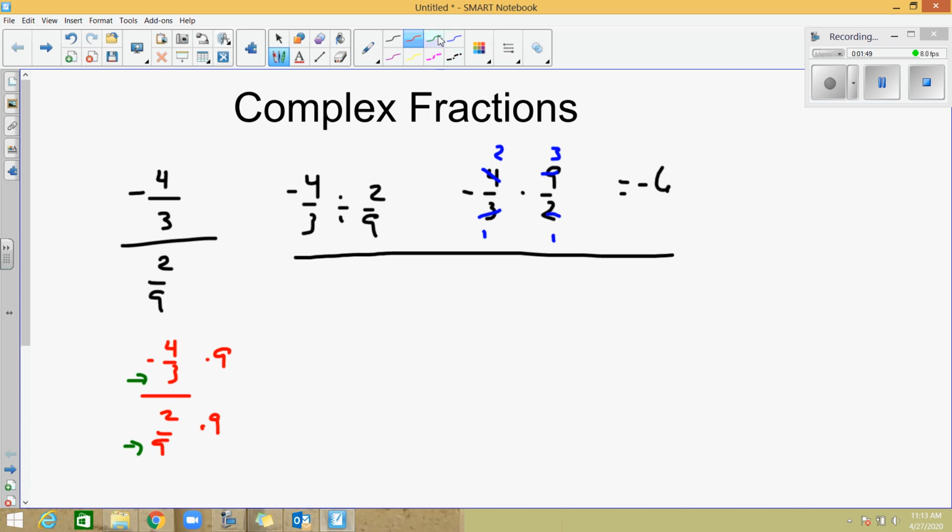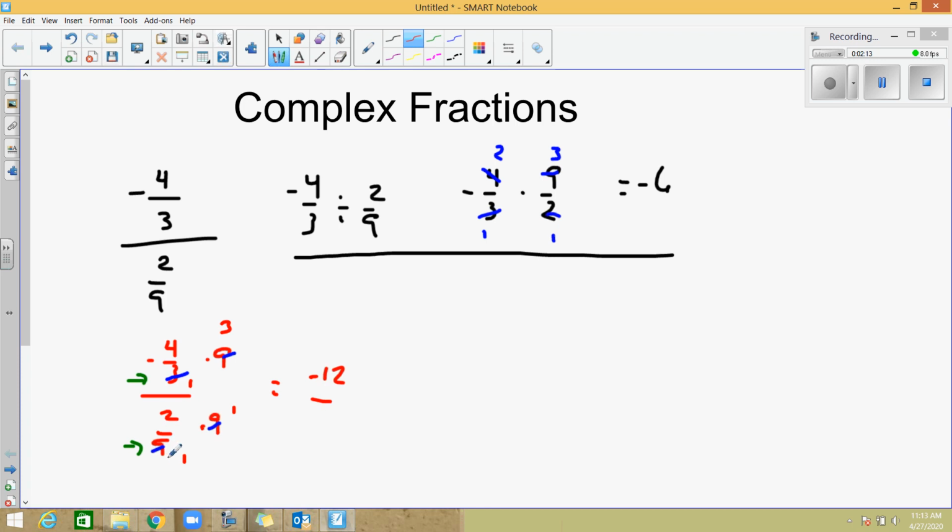All right. And so here again, we're going to look at this guy. It's going to reduce. This guy goes to 1 and 3. And this guy reduces as well, and it goes to 1 and 1. Well, what does that get us? Across the top, we have negative 4 and 3, which is negative 12.